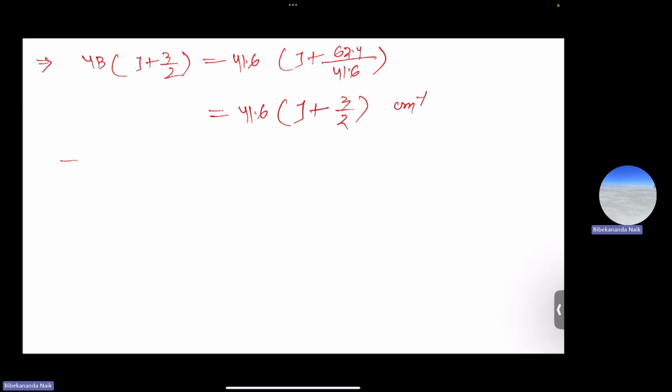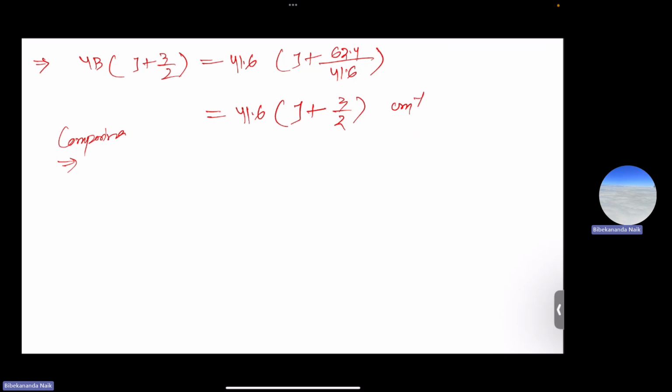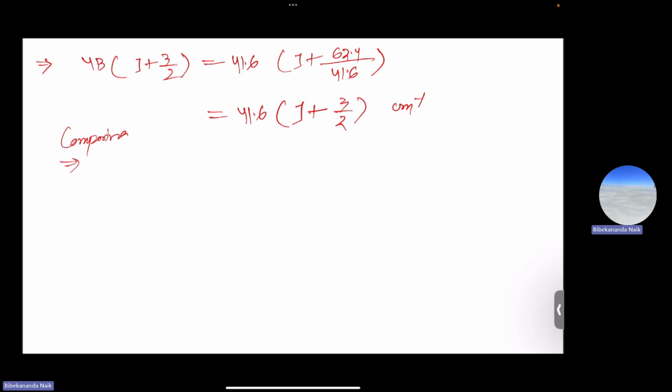Now comparing, what we get is 4B equals 41.6 centimeter inverse.